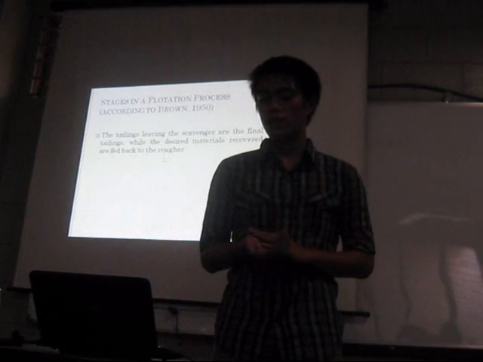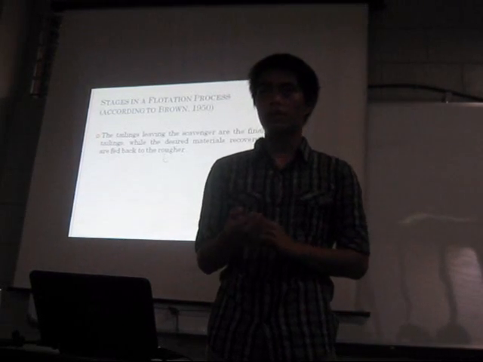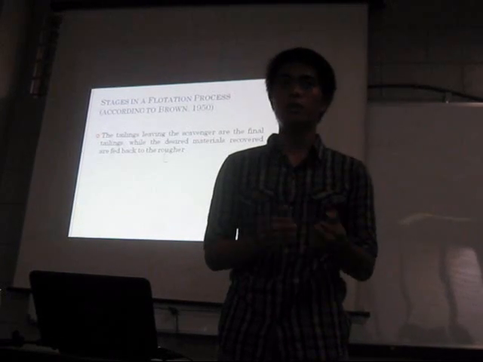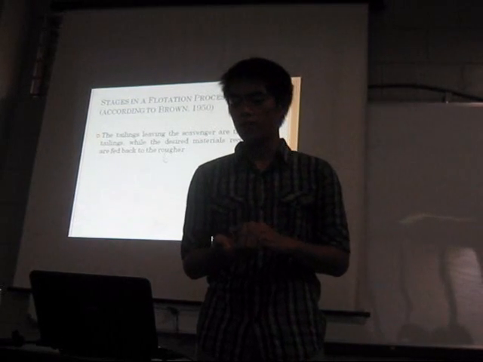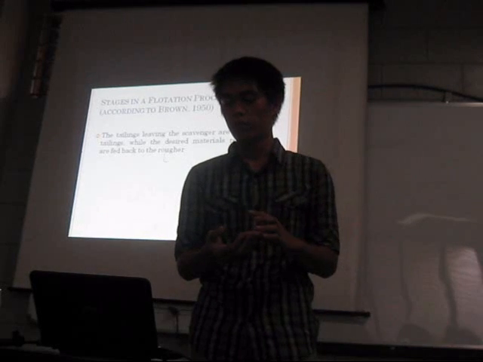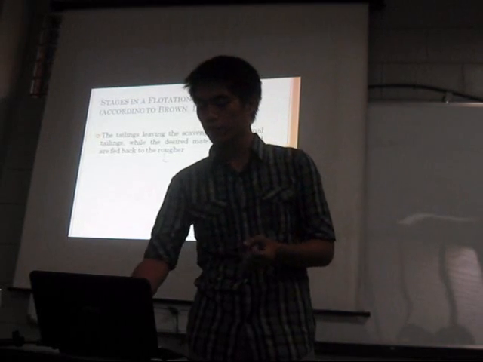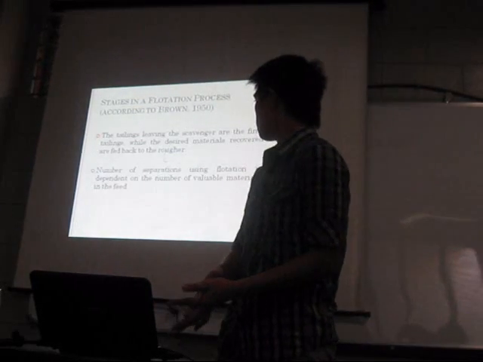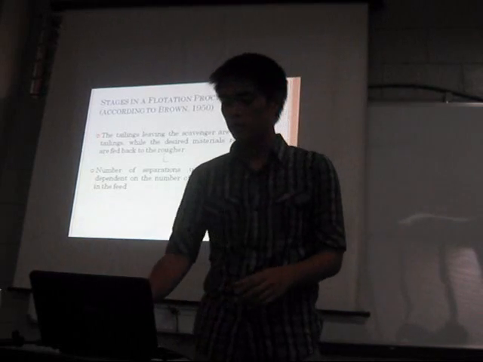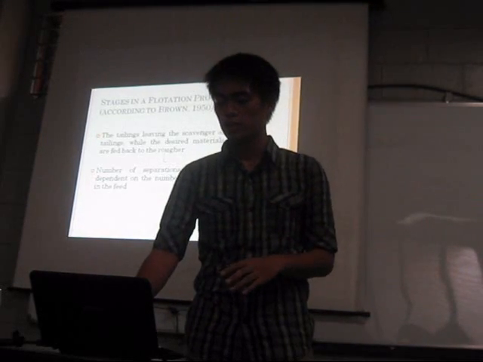The tailings, upon leaving the scavenger, are termed the final tailings, while the desired materials recovered in the scavenger are fed back to the rougher for subsequent flotation. The number of separations using flotation is dependent on the number of valuable materials in the feed.